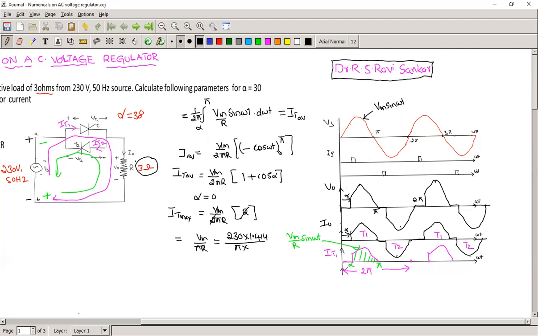Just substitute the values. R value is 3. So if you simplify this one, average value of maximum thyristor current we will get. This is the average value.